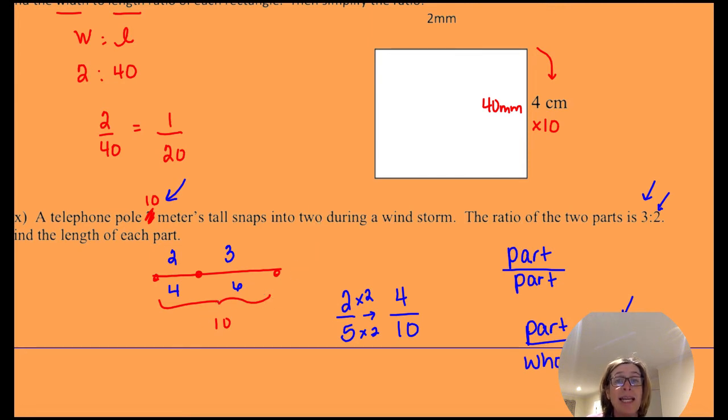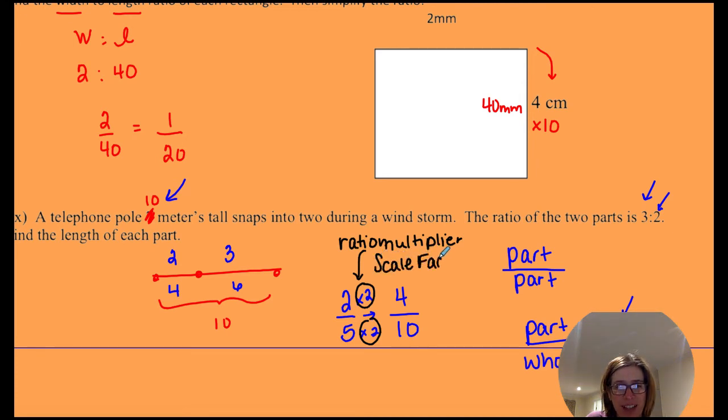Now, that number that you multiplied, we've talked about in class already. That's called a ratio multiplier. It's the number you multiply to get a larger ratio, also called, with a figure, a scale factor, okay? So one way to do this as well is to let x equal that ratio multiplier.